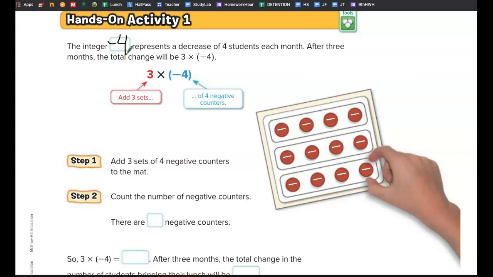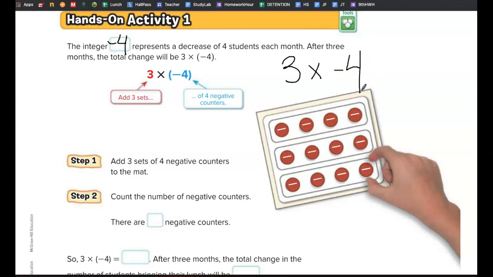Day 3 I would run a total of 15 because I ran 5 miles each day, right? So the same thing goes here. If we have 3 months and it's decreasing each month, 3 times negative 4, because that's the number that is decreasing by. Everybody good at that?